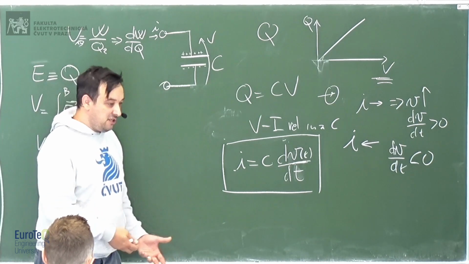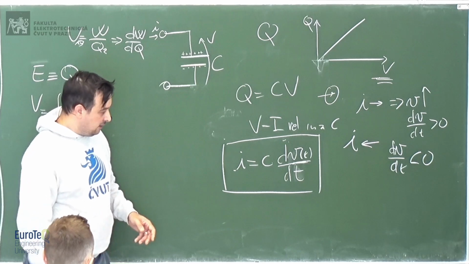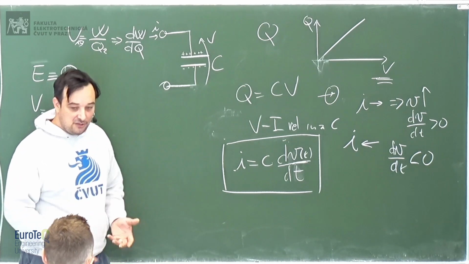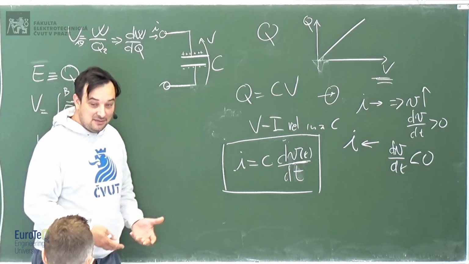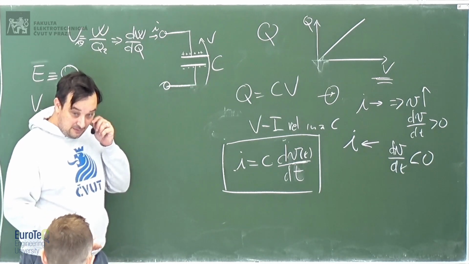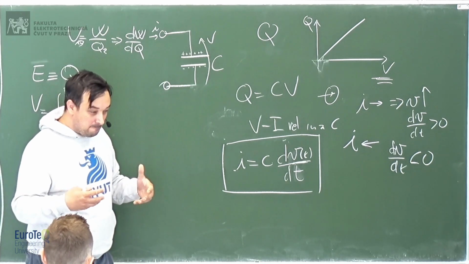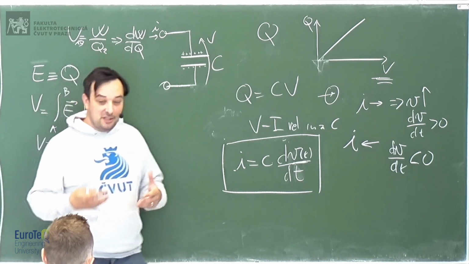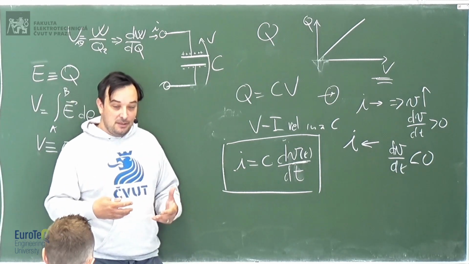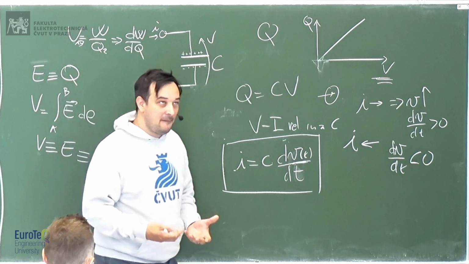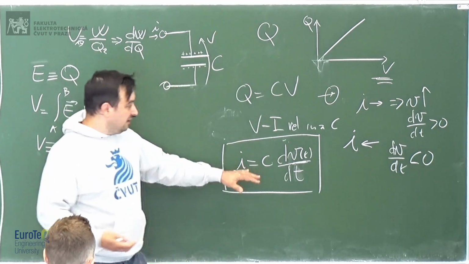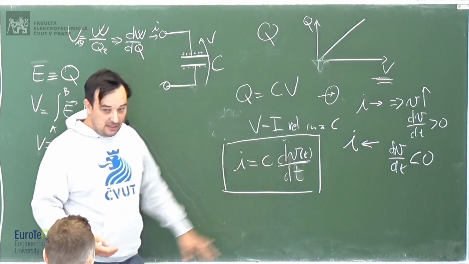So I change the voltage. You charge it. And if I change the voltage, it means that there must be a derivative. There's a delta. So you cause a change of voltage by giving a current. So the derivative must be there.